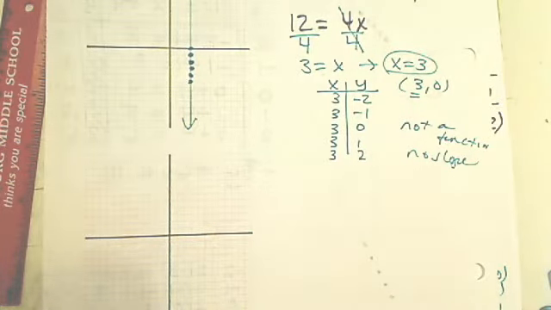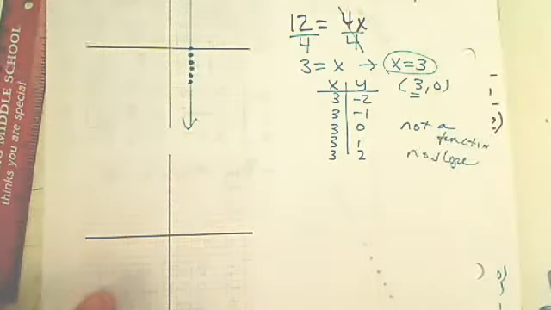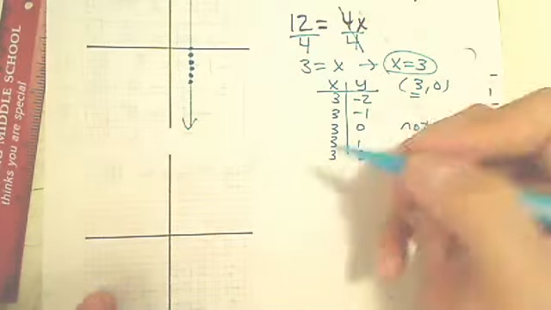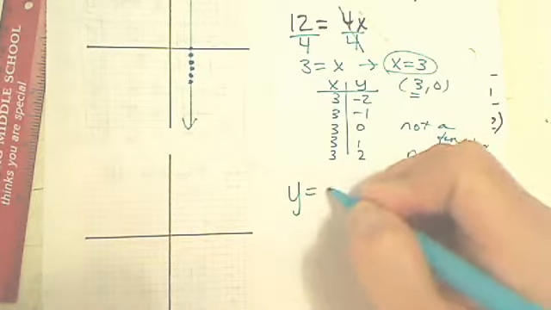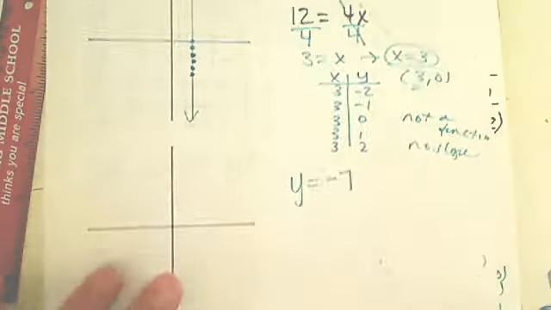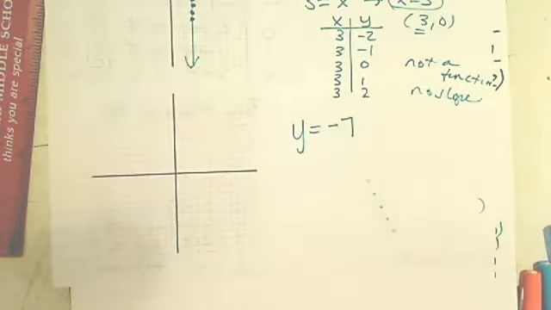All right, and then try this one, and I'm going to pass out your homework, and I'm going to staple your homework to your graph, so leave it out. So these graphs? Yes. y equals -7. Choose your answer for y.